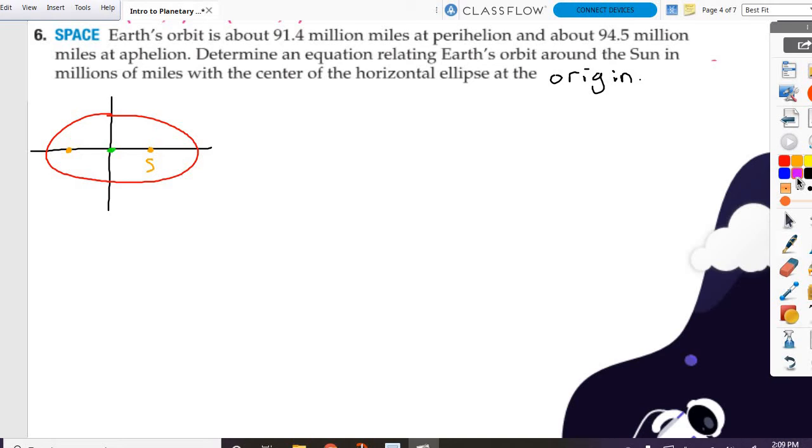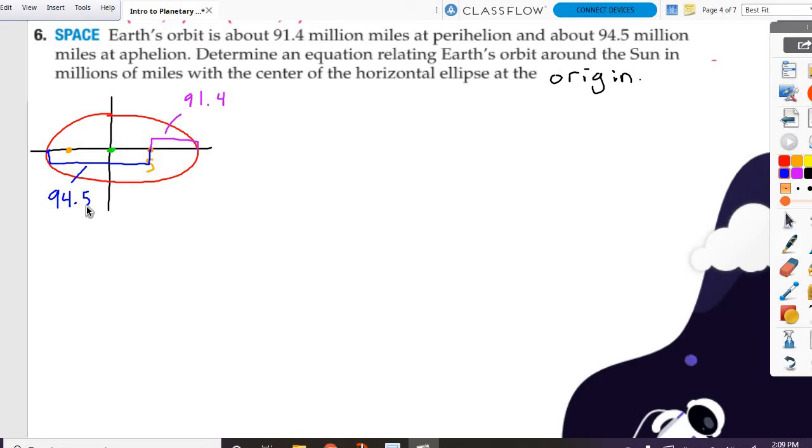They tell us that the shortest distance, which is the perihelion, is going to be 91.4 million miles. And then they also give us our farthest distance, which is going to be 94.5 million miles.